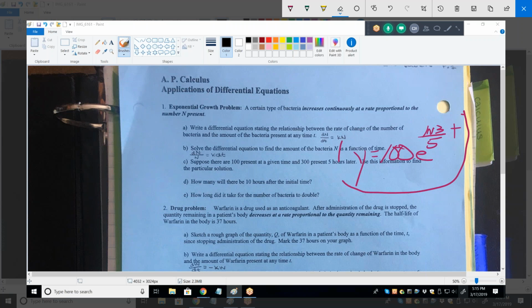Okay, so this is our equation. Now, how many will there be 10 hours after the initial time? So it's 100, natural log of 3 over 5 times 10.